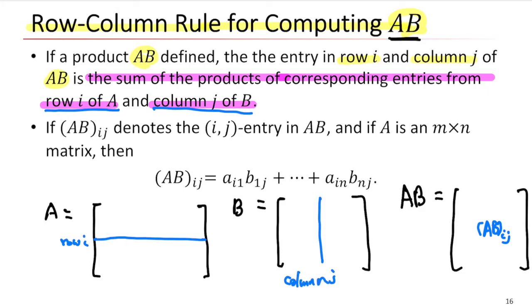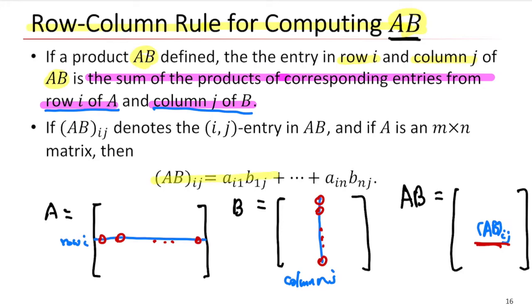Then this term will be the product of the corresponding entries: this one, this one, this one, through this one times this one, and the summation of the whole product will be this value.